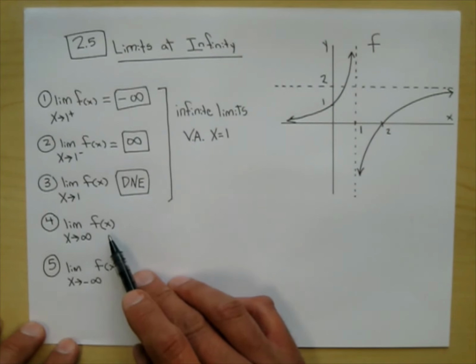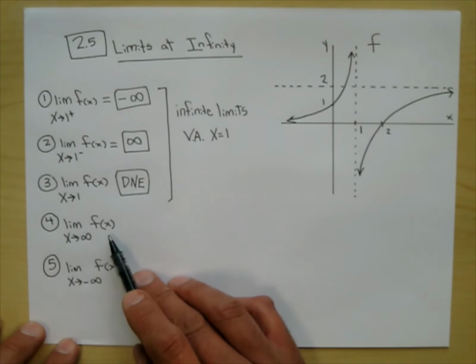Now this is a weird kind of limit because this is one where we don't investigate the bug coming from both directions, because what's to the right of infinity? Well, infinity, you never get there. And so we are just saying, what is that bug getting closer and closer to in terms of y values? He's getting closer and closer to 2 as he goes off to infinity. So that's limits at infinity.